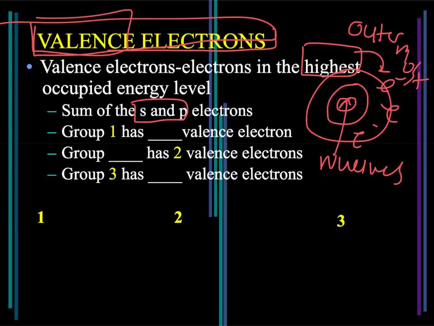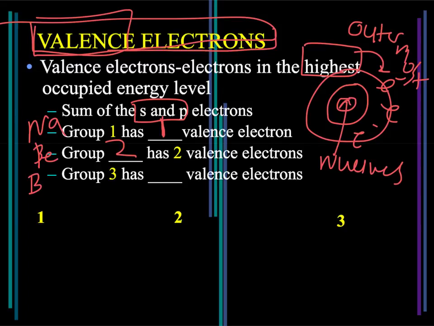Really simple. Before we go any further, we need to make sure everyone knows that group 1 has only 1 valence electron in its highest level. Group 2, something like beryllium, the first one in group 2, has 2 valence electrons. Then group 3 is something like boron.